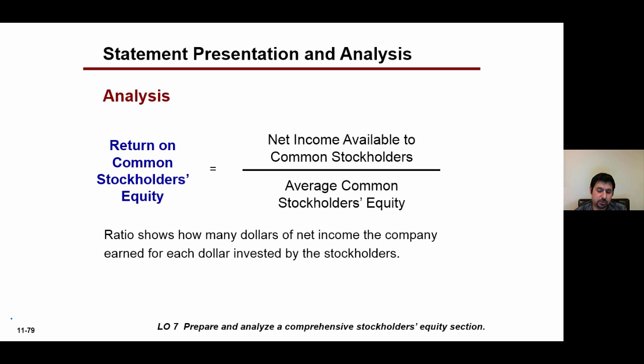So as a result, we exclude the net income available for preferred stockholders, and we exclude the average preferred stockholders' equity. And here the ratio shows basically how many dollars of net income the company will make out of each dollar invested by common stockholders.